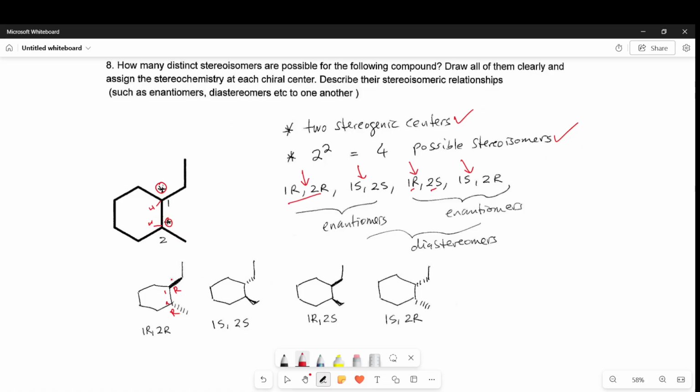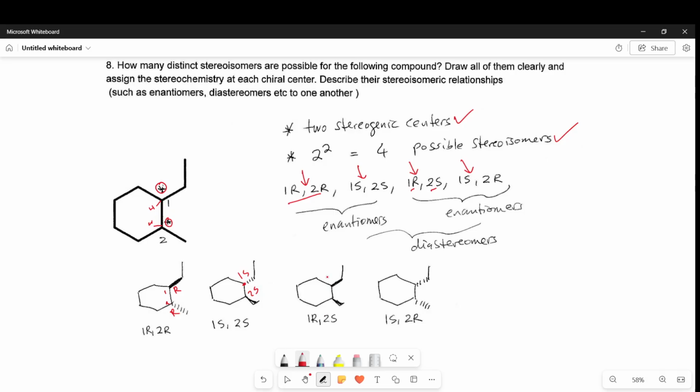You should be able to tell how it is assigned for R and R. Here, this is 1S, and here it is a 2S. You should be able to know also how to assign that.